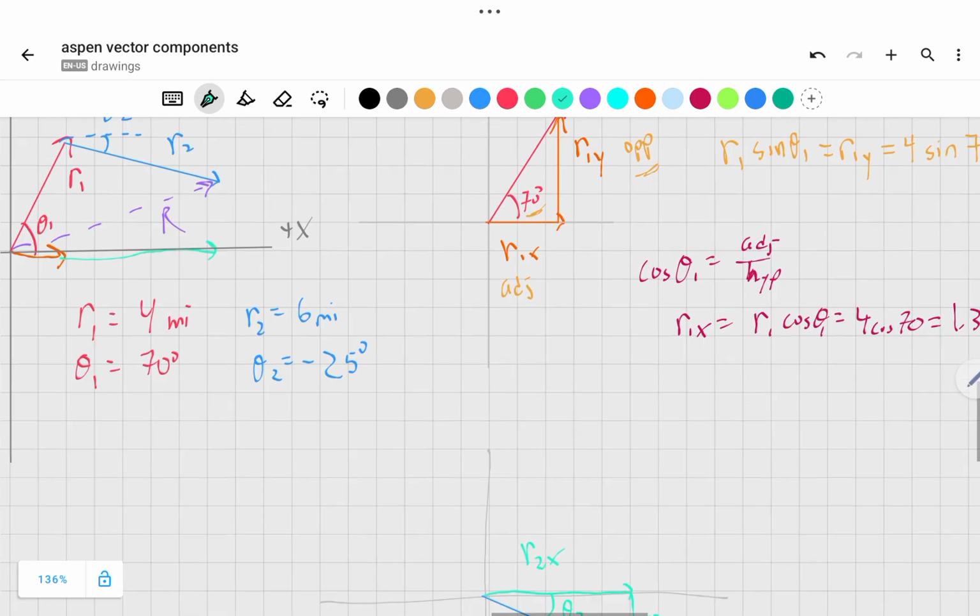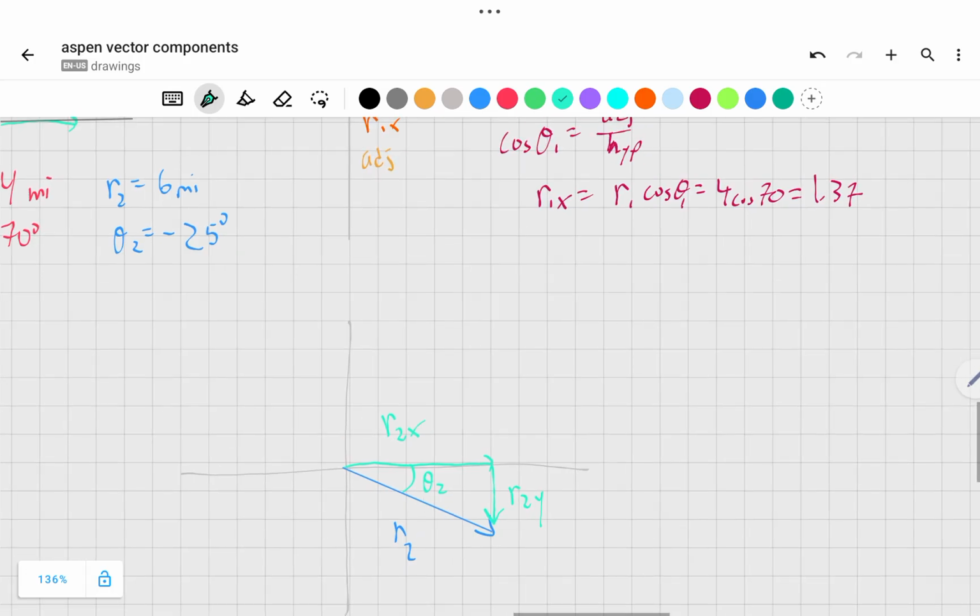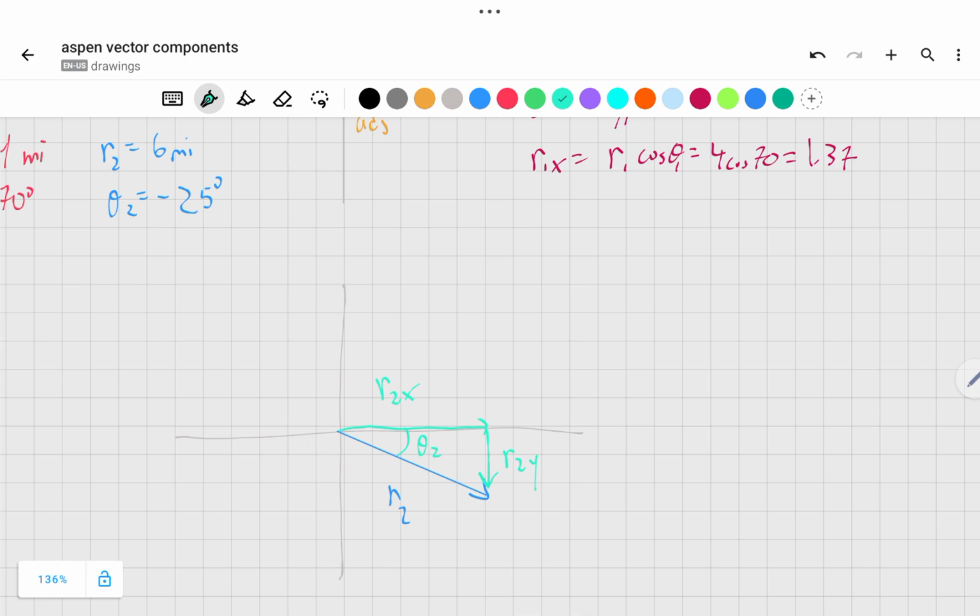I'm just redrawing this picture, right? I've got my vector, and I'm splitting it into how far to the right did we go and how far down did we go. To find these, I'm still going to label this adjacent, this opposite, and this the hypotenuse because it's the longest side. The adjacent side's touching the angle, the opposite side is opposite to it.